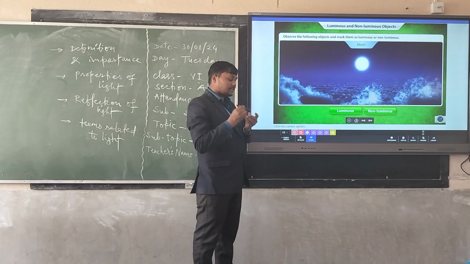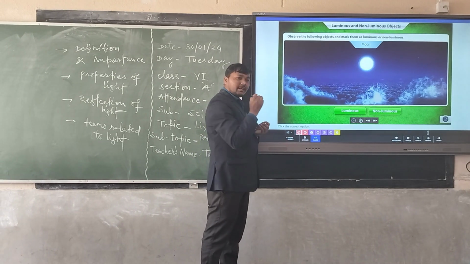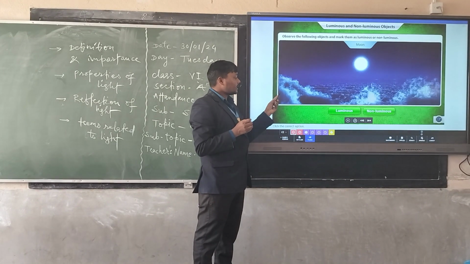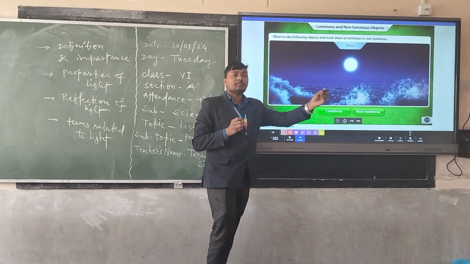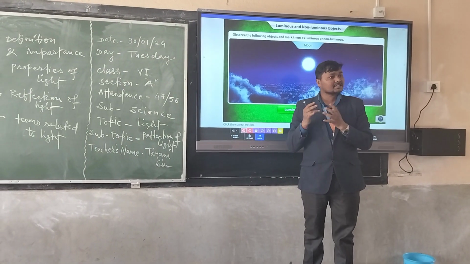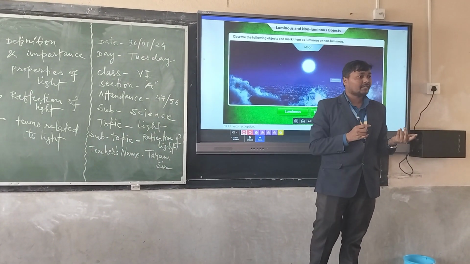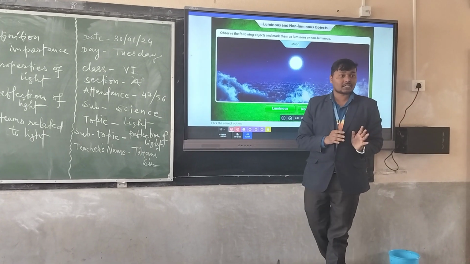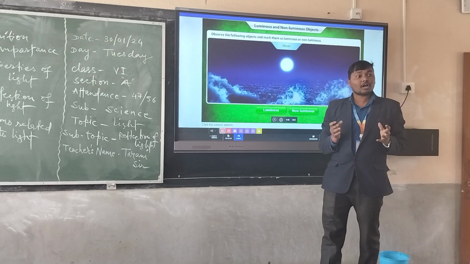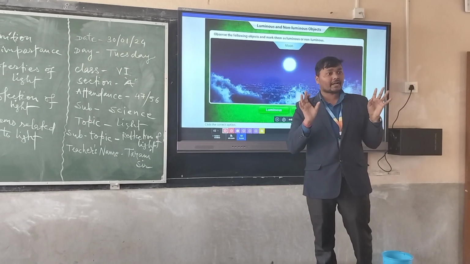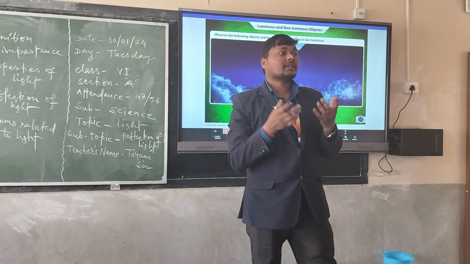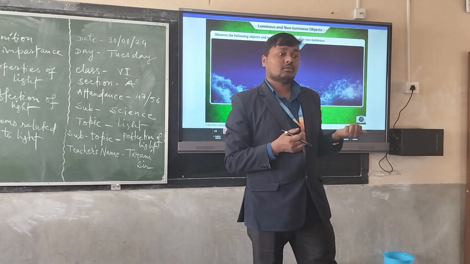Reflects back means the light comes in a particular direction, and after falling on the surface, it changes its direction and goes back to the same medium, the medium from where it has come. It has just changed its direction. That is called reflection. So here also the moon uses the light of the sun and reflects it back. That reflected light ray, when it enters our eyes, then we are able to see the moon.